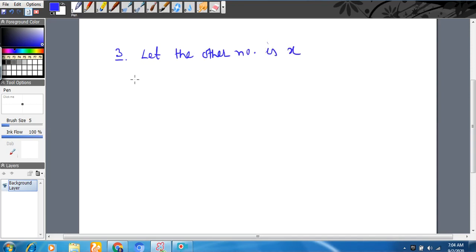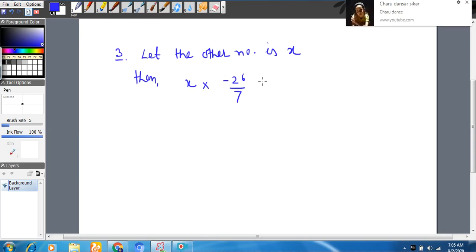Okay, then according to the question we have x into minus 26 upon 7, because the first number is x and the other number is minus 26 upon 7, that is given, and if we multiply both of these, the product is minus 13 upon 9, that is given in the question.